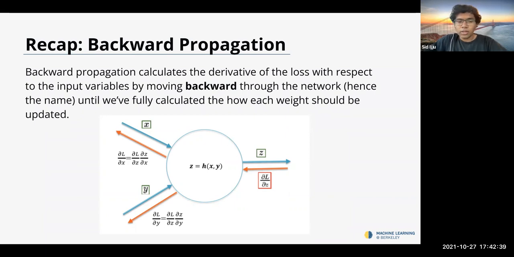You do this until you fully calculate how each weight should be updated. This is the basic method for how neural networks actually compute and learn things. The second part is gradient descent, which is the way you actually reduce the loss. But that's just another topic.